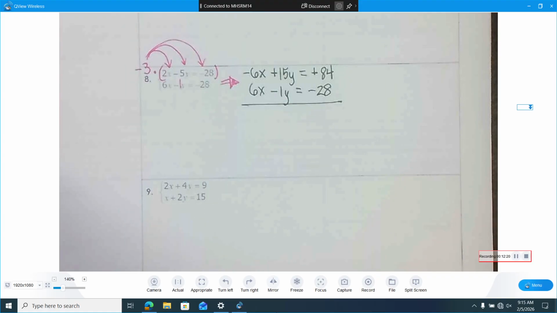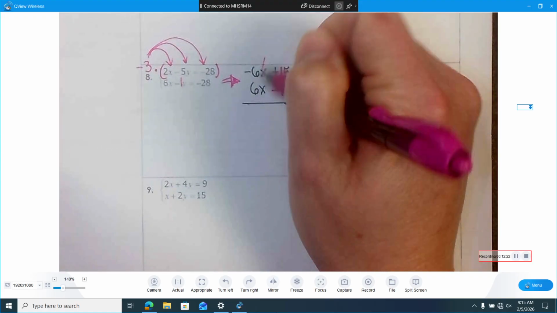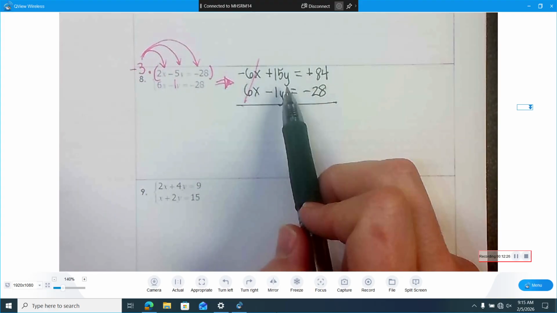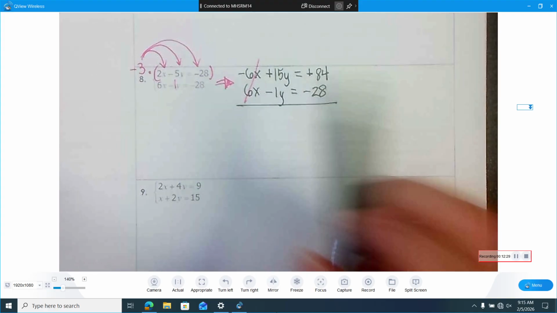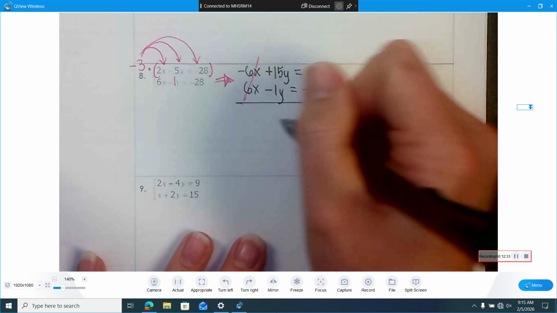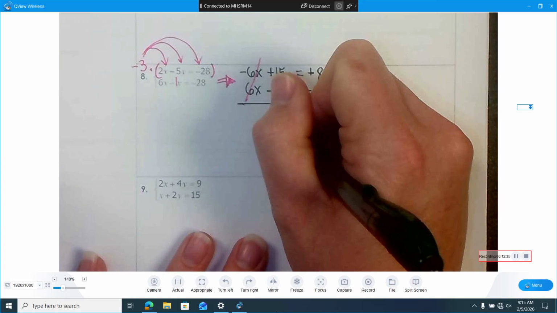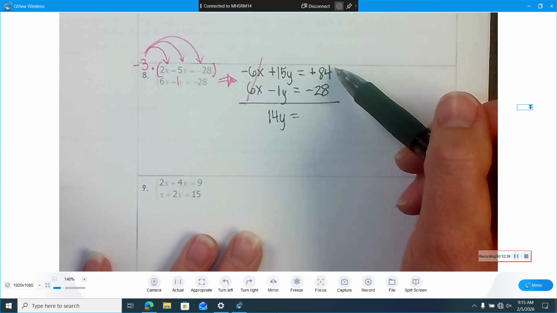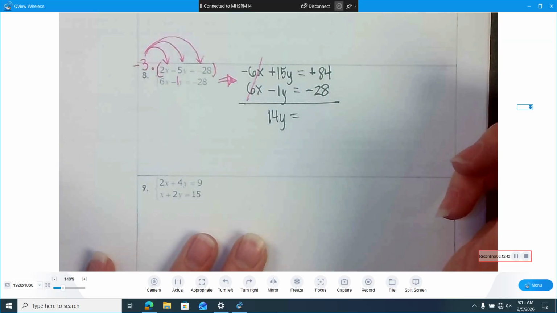And now I have my opposites. -6x and positive 6x is 0. We have 15y's and a -1y. What do we get? Ooh, 14. Positive 14y's. Positives win by 14. All right, 84 and a -28.